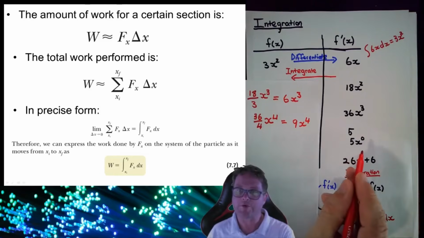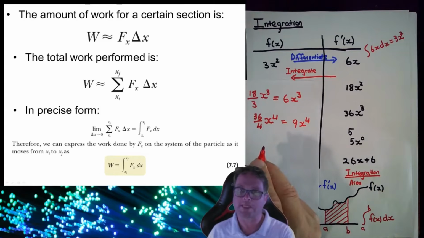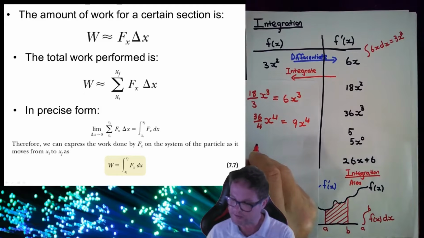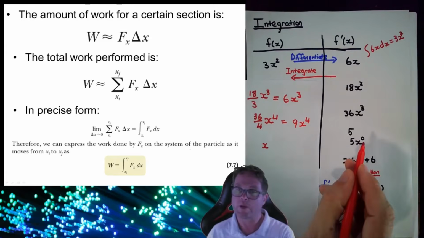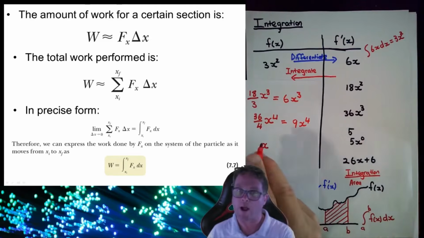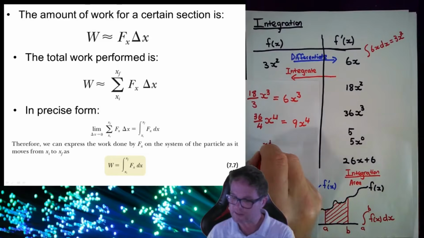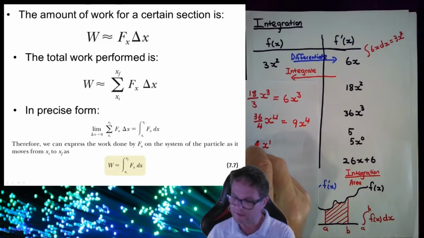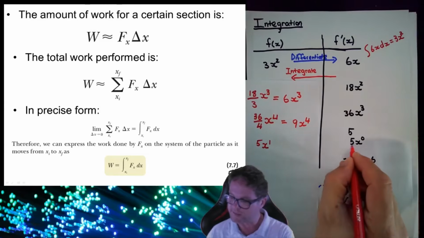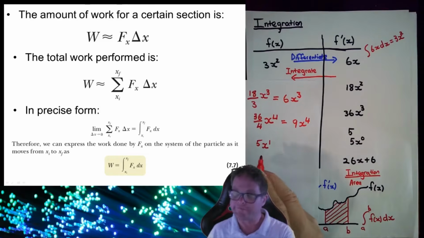If we integrate 5x to the power of 0 and carry out the same rule, we start with the x, we raise the power by 1, so we make it from 0 to 1, and then we take the number in front, the 5, and divide it by the new power.